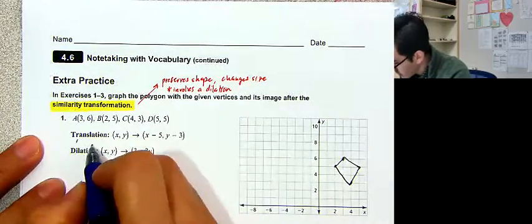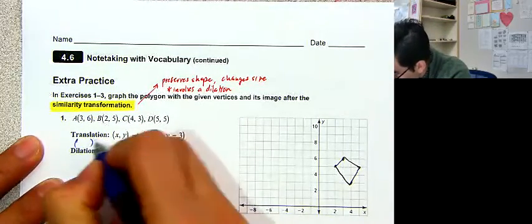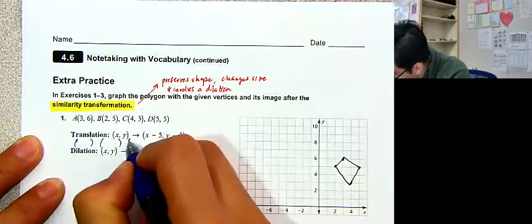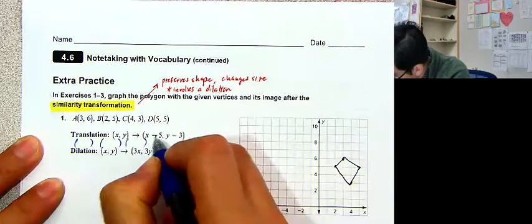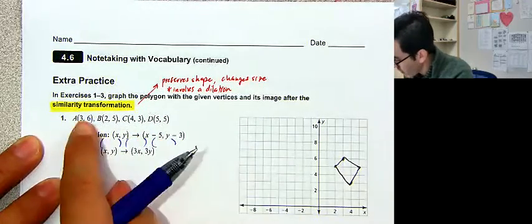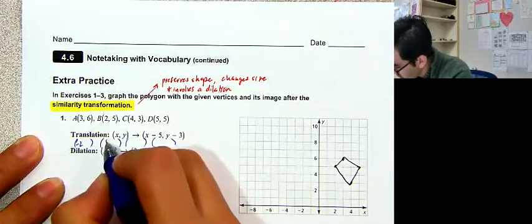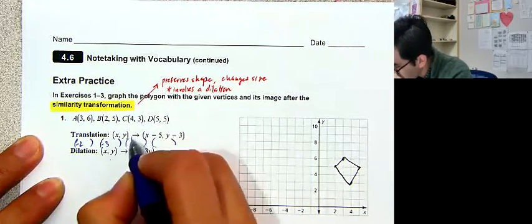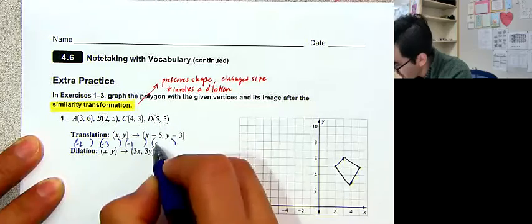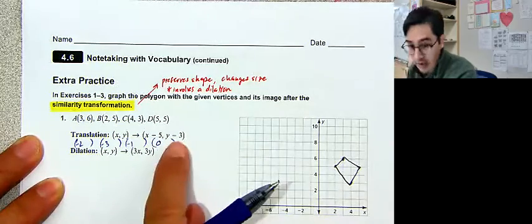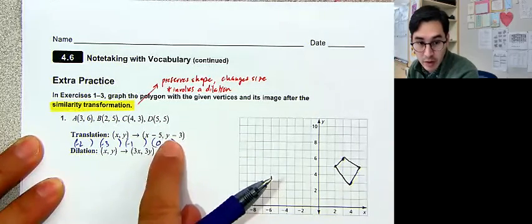So let's just record it here. Okay, so I'm going to subtract 5 from each x coordinate. So 3 minus 5 is -2, 2 minus 5 is -3, 4 minus 5 is -1, 5 minus 5 is 0. And then we're going to subtract 3 from each y coordinate.